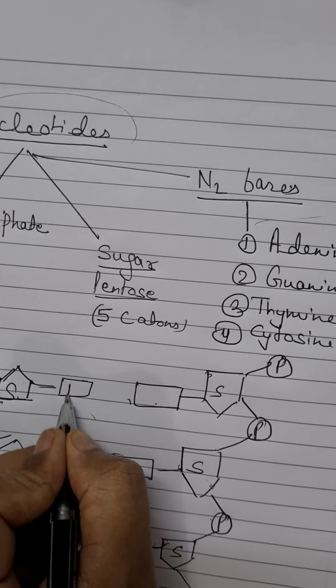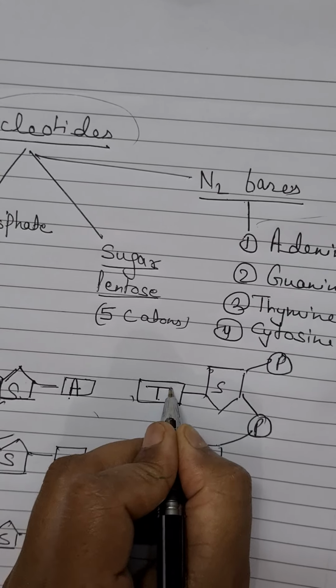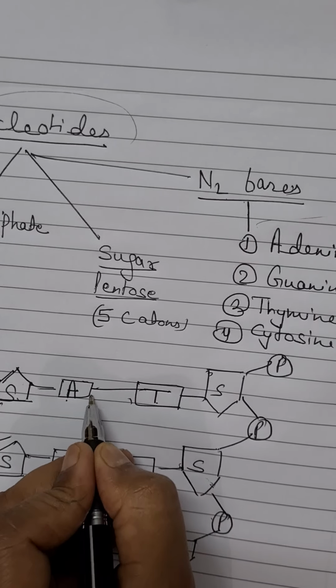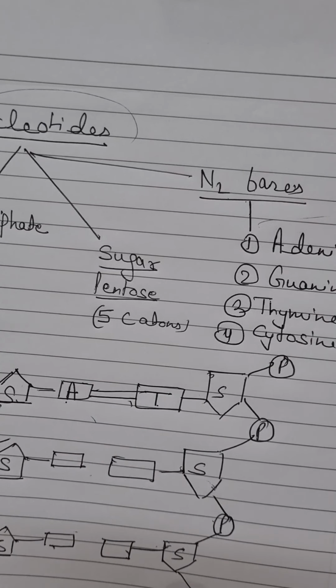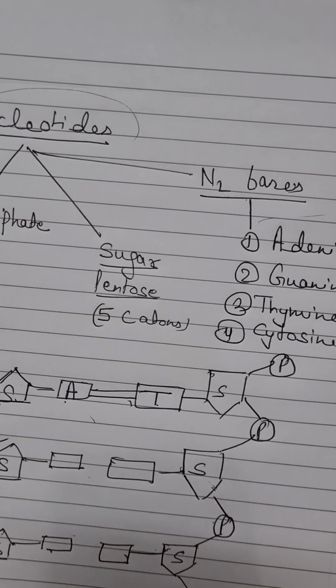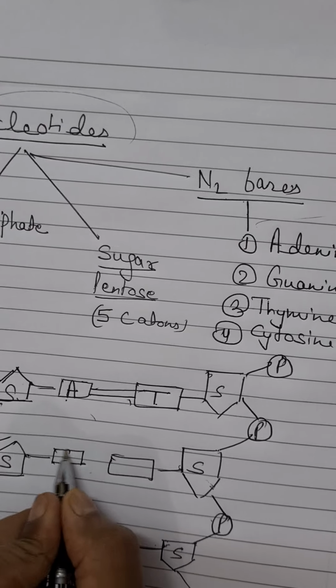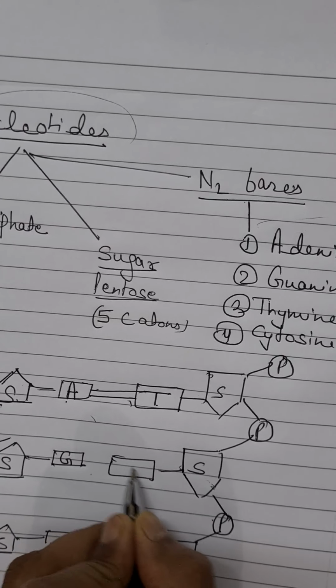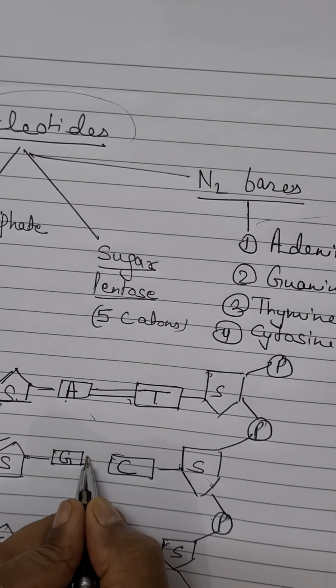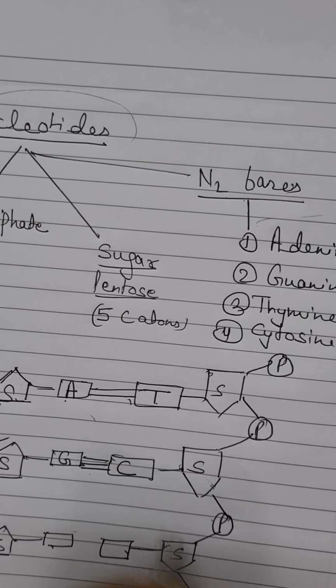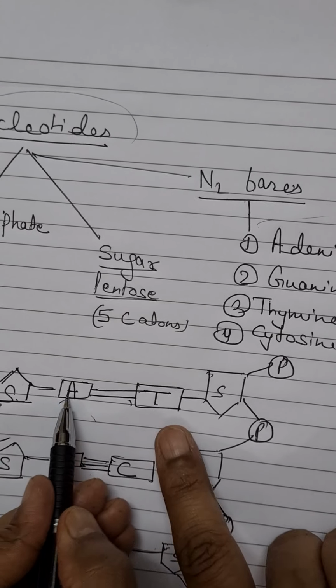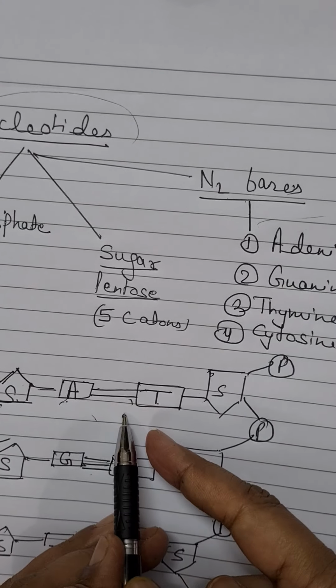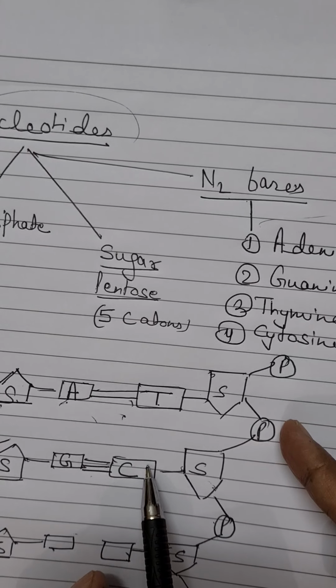Every time adenine combines to thymine by a double hydrogen bond. And in the same way, guanine is combined to cytosine by a triple hydrogen bond. So nitrogenous bases are combined to each other by hydrogen bonds.